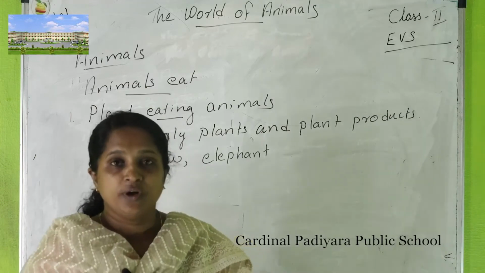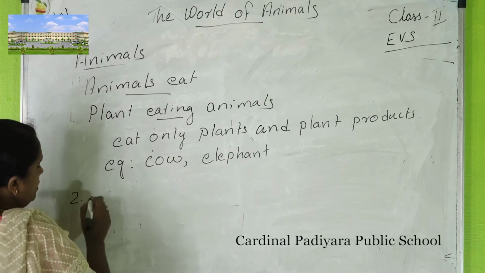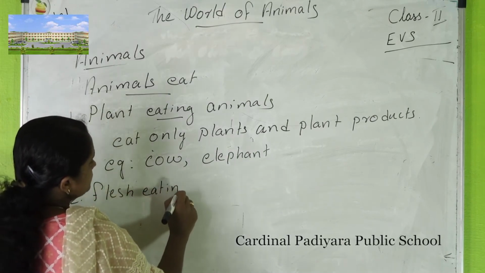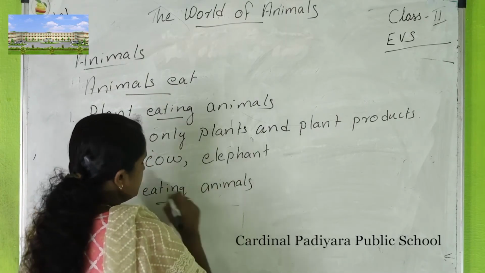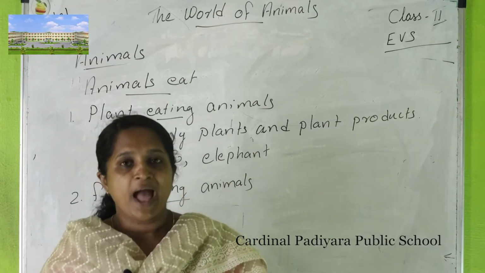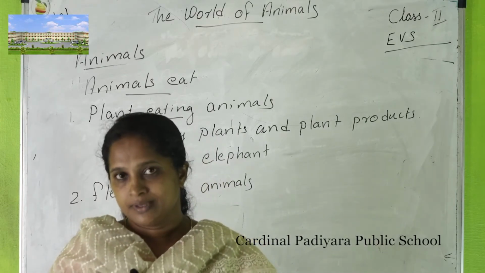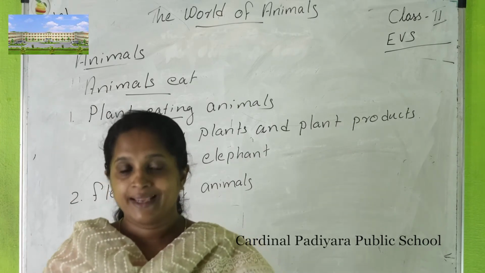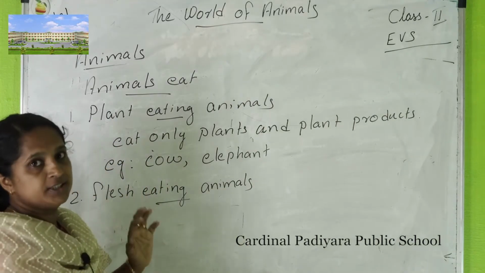Next one, flesh eating animals. Some animals kill and eat other animals or insects. They are called flesh eating animals.